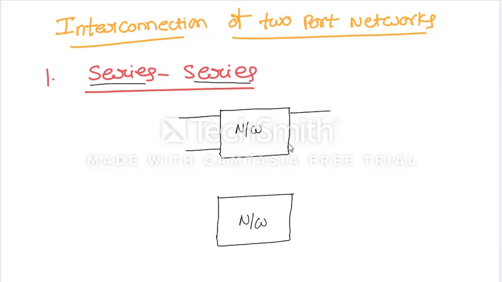Two ports here, like this. Let us call this network A, and this I am calling network B.